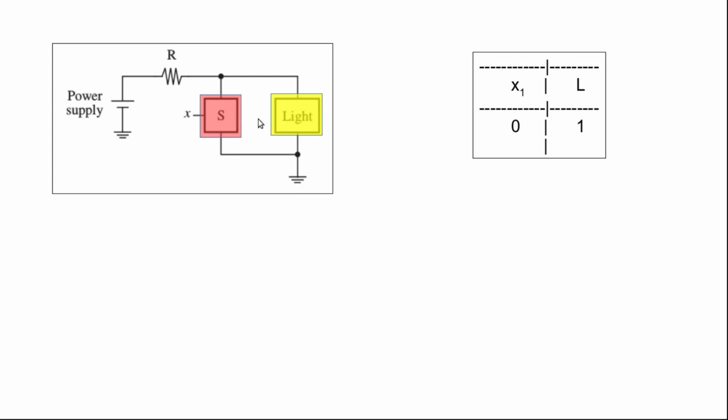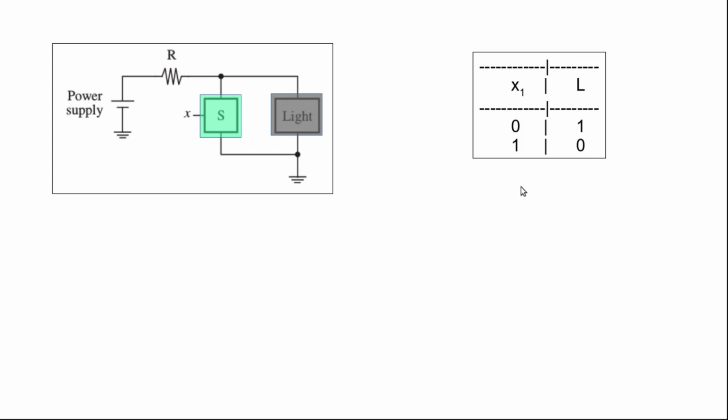Now if we turn on the switch, then this path will short circuit the light, and hence there will be no flow of current through the light, whereas there will be flow of current here. Since there is no flow of current here, the light will be off. And hence we can say that when x is 1, L is equal to 0.